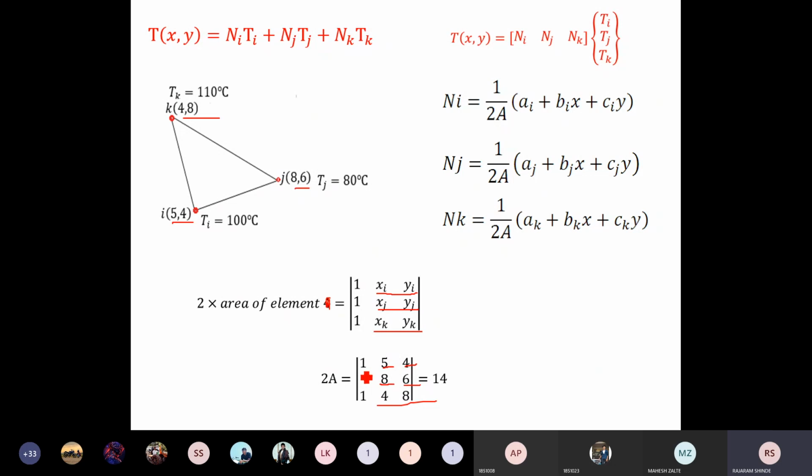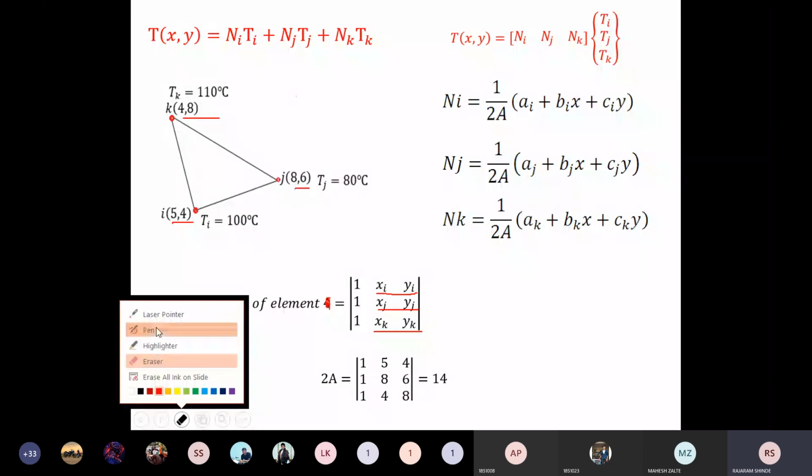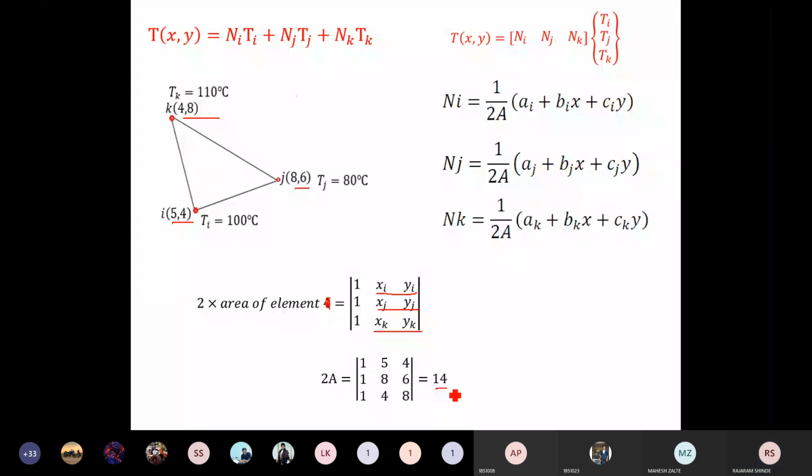Now 2A is equal to the determinant of 1 5 4, 1 8 6 and 1 4 8. It is not new for you, so I have taken the answer directly, and it is 40. You check whether it is correct or wrong.